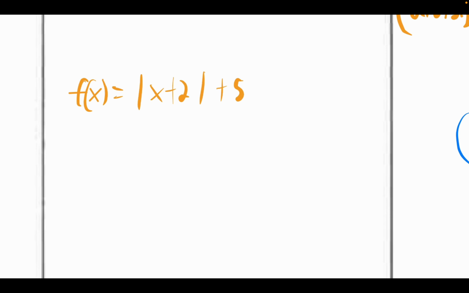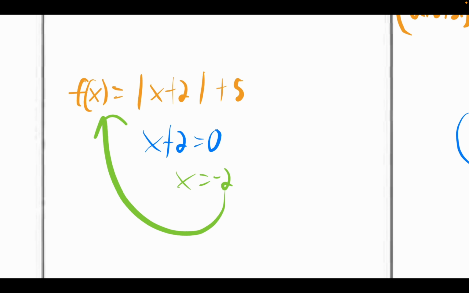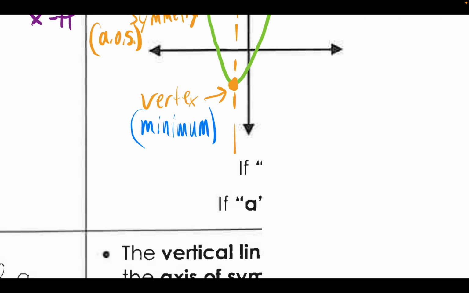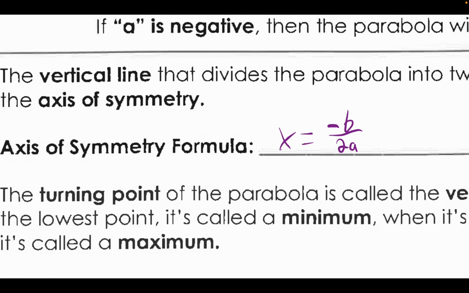We'd set what was inside the absolute value bars equal to 0, solve this, and then say, oh, that's the x value of the vertex. Plug that back in, and then we got our y value out and made an ordered pair for the vertex. Really the same idea, just how we're going about finding it isn't setting the inside equal to 0. It's rather using the formula x equals negative b over 2a.